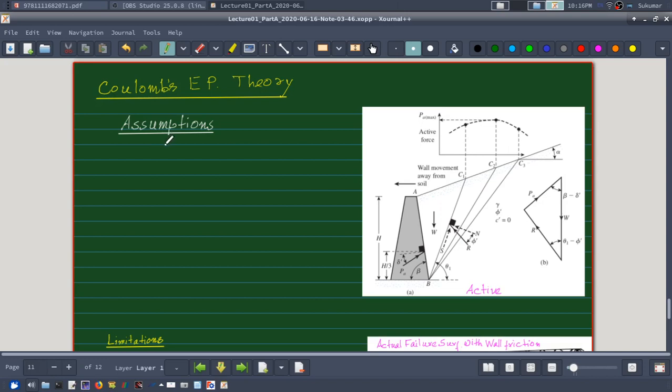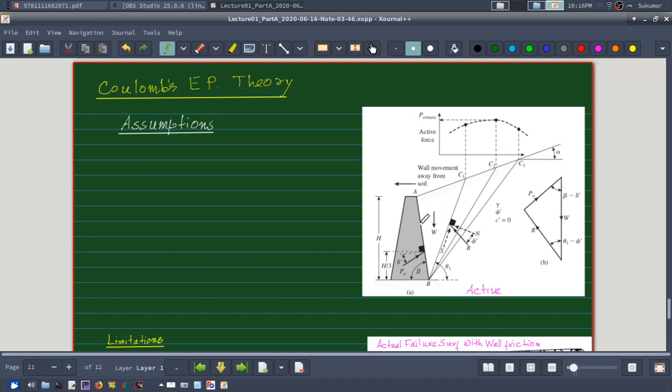So in Rankine's earth pressure theory, we had assumed the wall face to be vertical, and the soil wall interface we assume to be a principal plane, and therefore there cannot be any shear stress or any frictional stress between soil and wall, which is not very realistic.